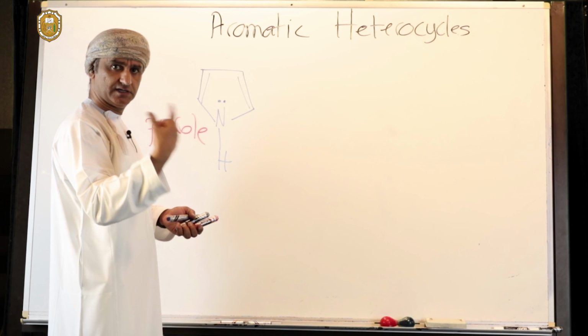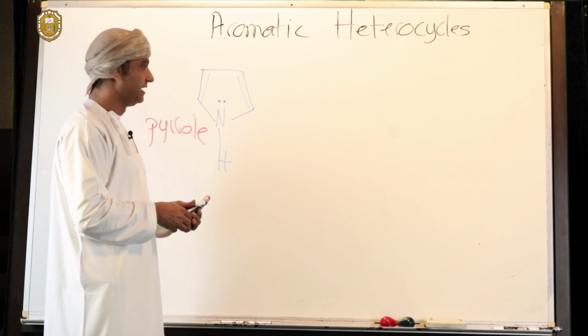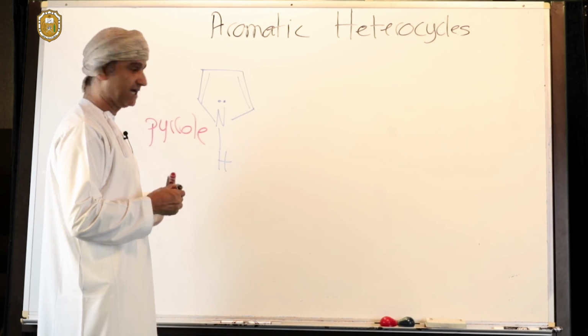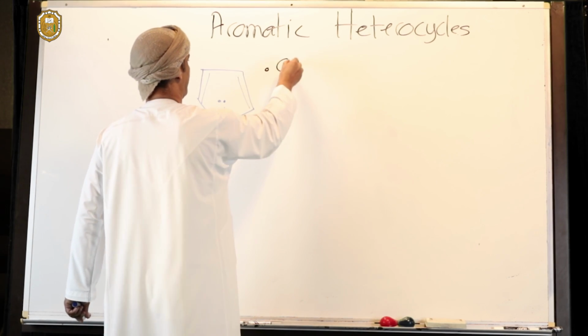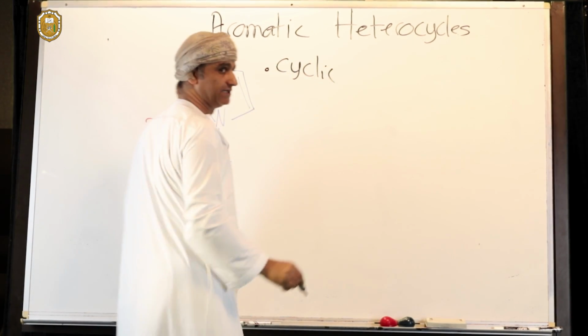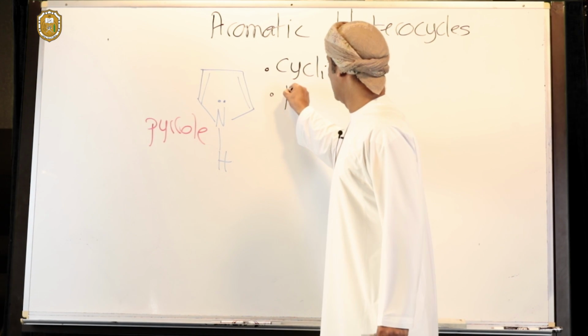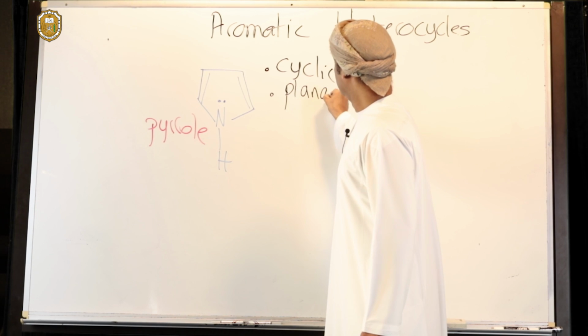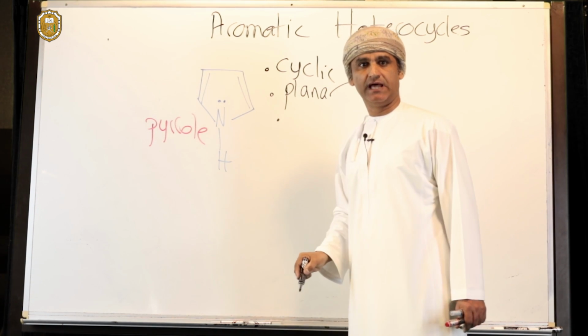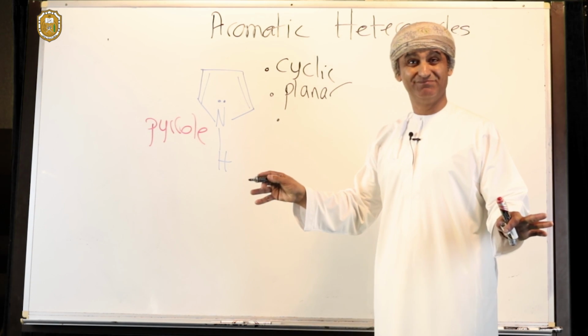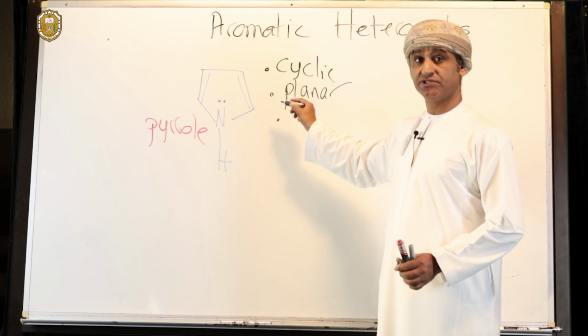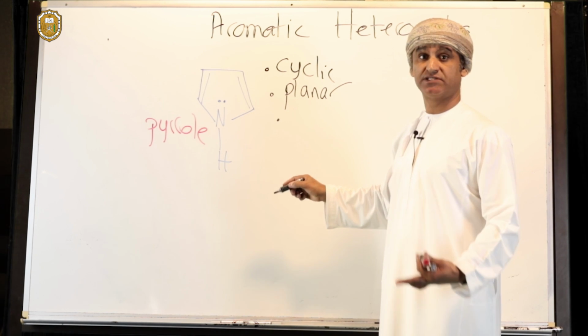So let's explore that. Is pyrrole cyclic? Yes, it is cyclic. Is it planar or flat? Yes, it is planar, flat in shape. Is it conjugated? Well, if it is aromatic, it has to be conjugated.